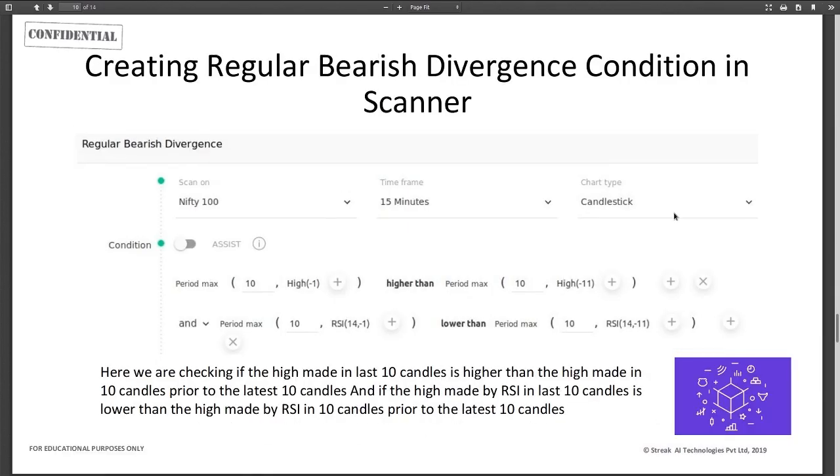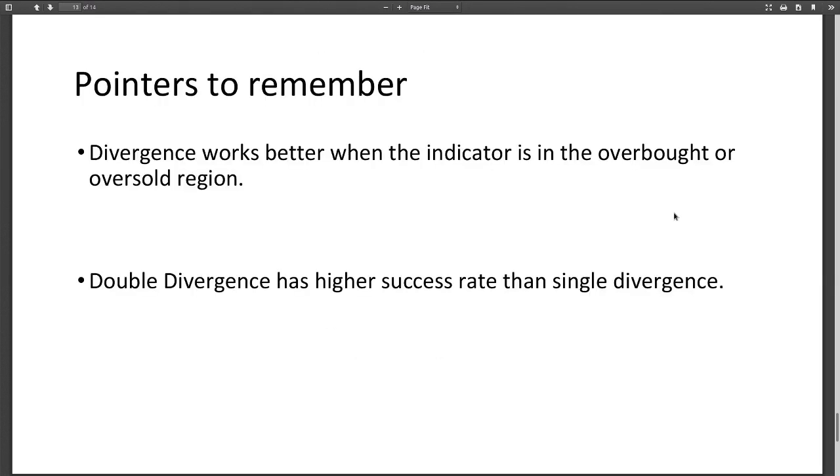Moving forward, key things to keep in mind: divergence works best when the indicator is in the overbought or oversold region.